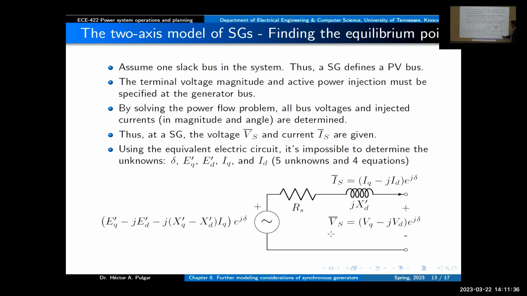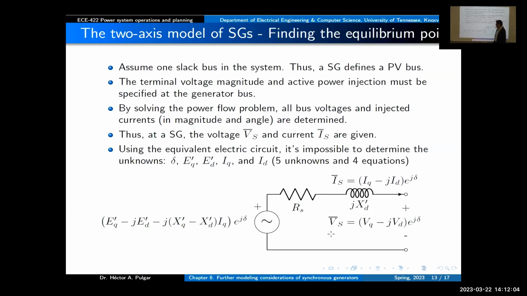We say, well, if we know the voltage here and the current, all that I have to do is analyze this circuit and solve for the unknowns. What are the unknowns in the variable? First of all, we need to determine Id and Iq, because we need Iq at least, because that will define what is the internal voltage we have here.